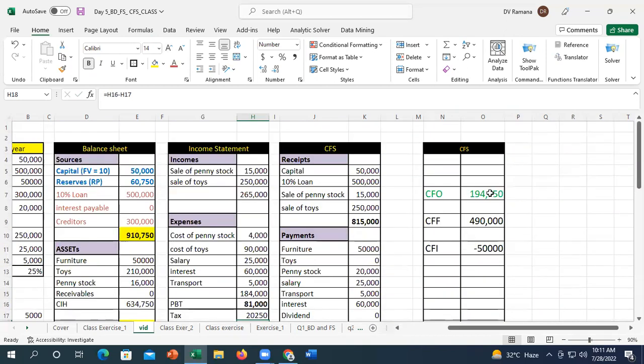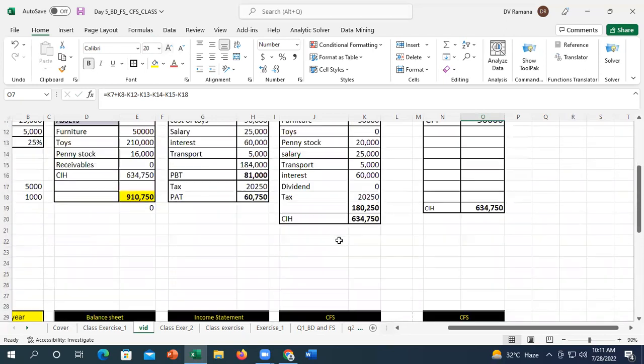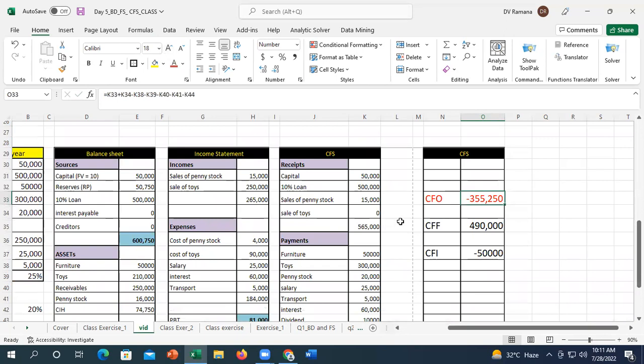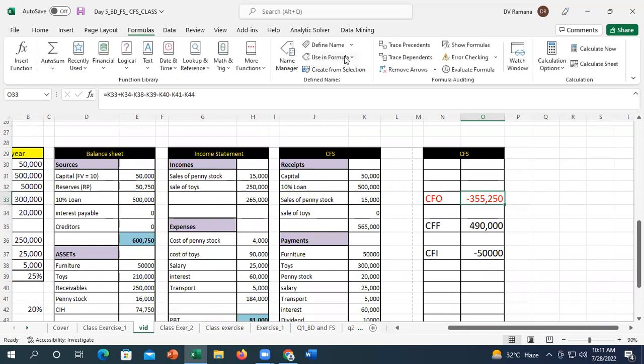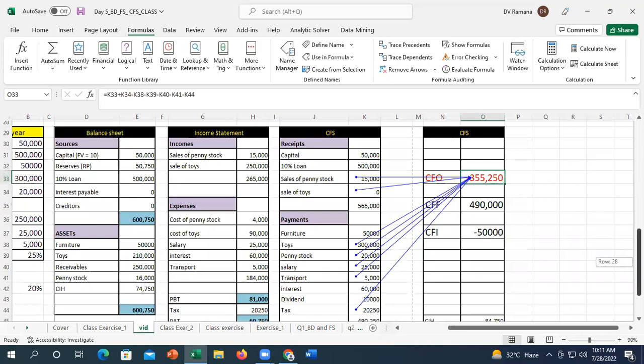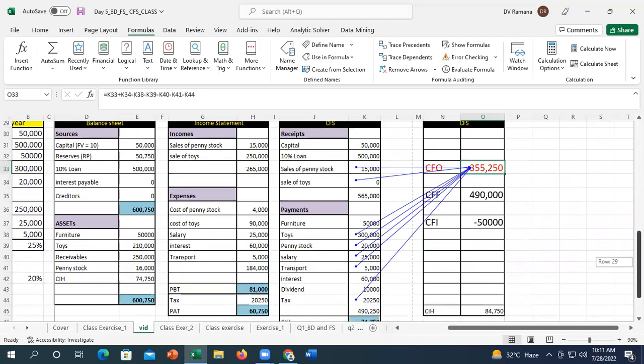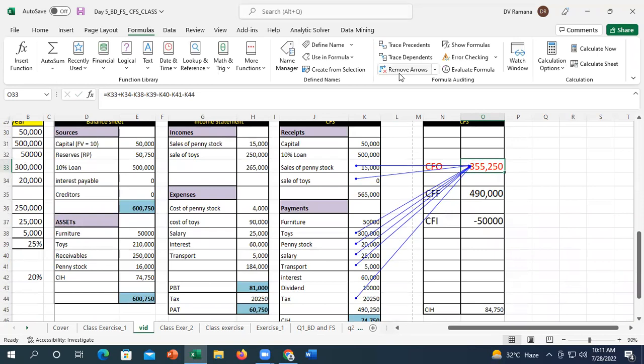In the first case, we had a positive CFO. Now we are seeing negative CFO. So you can ask a question here that when the company is having profit, how comes cash from operations negative? And that we can see here. Whenever there is a negative CFO, it's possible that the company might have sold the goods on credit.